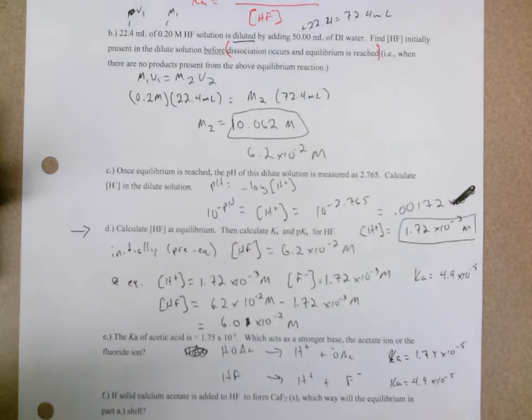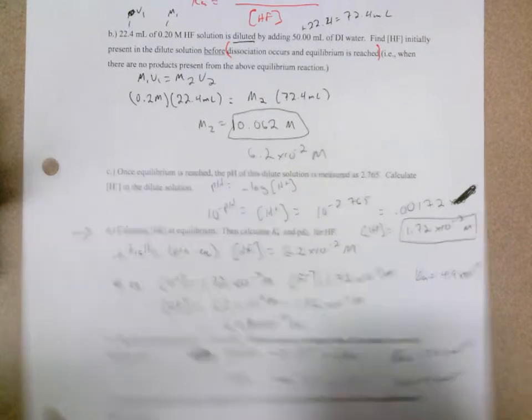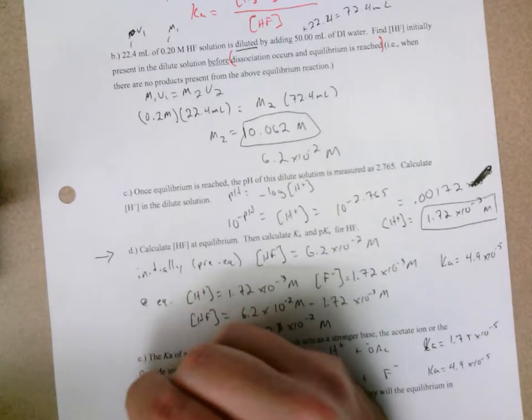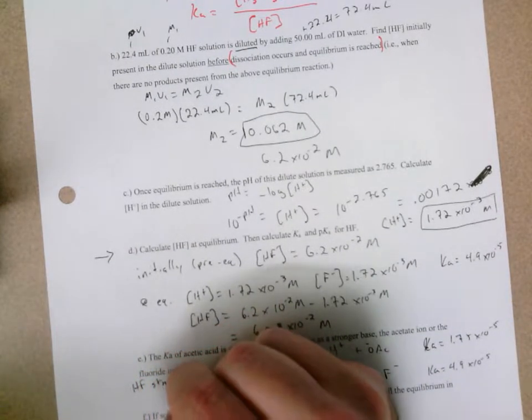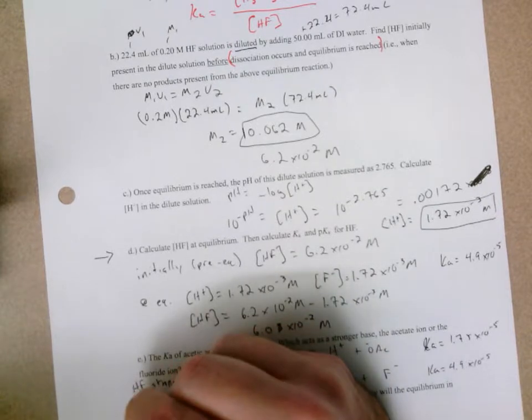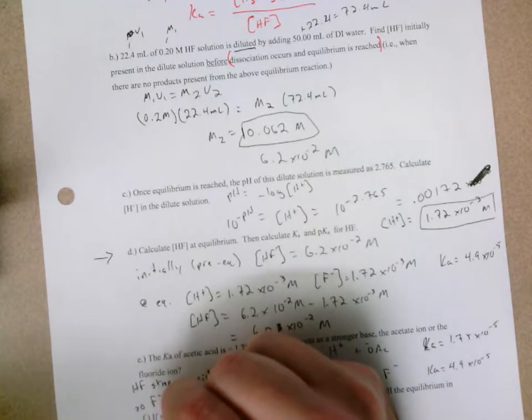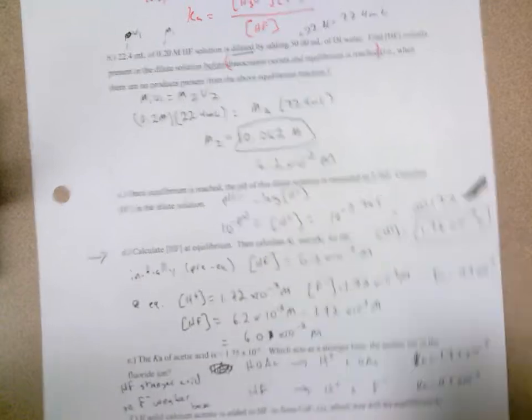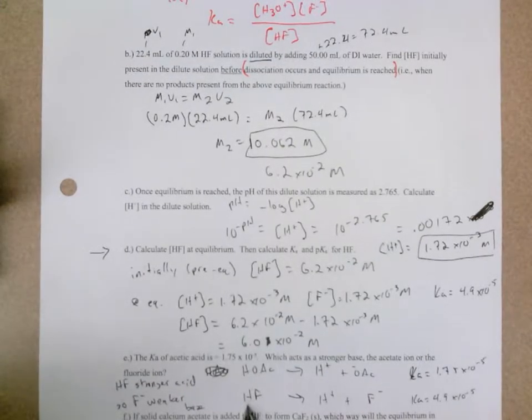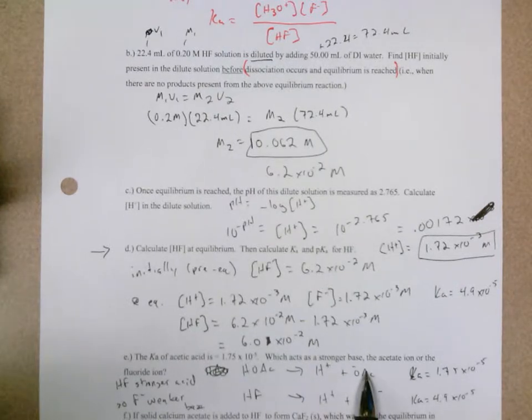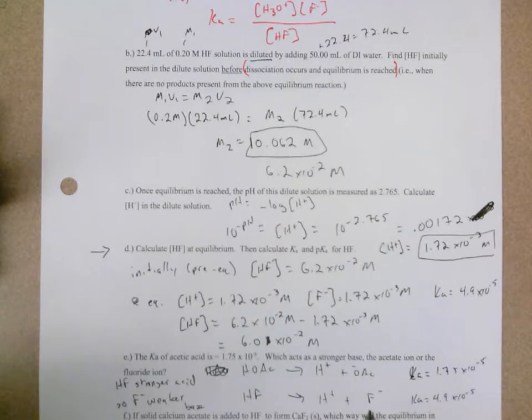So in this case, HF is the stronger acid, so F- is going to be the weaker base. Basically, this is saying the fluoride can't hold on to the H as well as the acetate can. That's why HF is a better acid, with a larger Ka value. The flip side of that is, if the acetate is holding on to this proton better, that means this acetate is going to accept a proton more readily than the F- will.